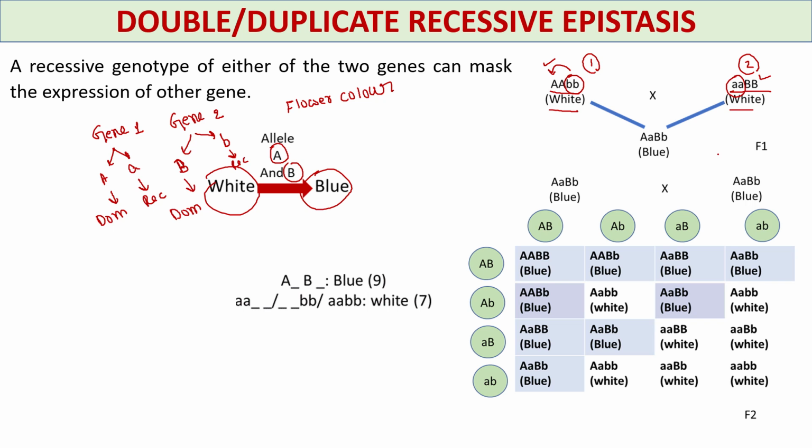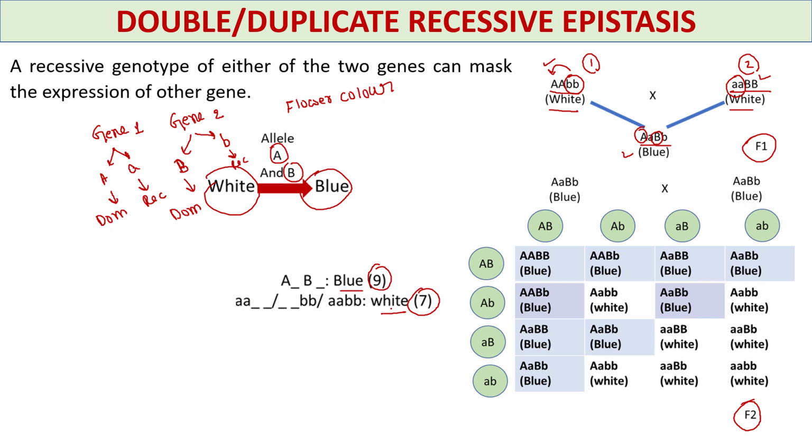When these two parents are crossed, their offspring in the F1 generation will have genotype capital A, capital B, small b. They are blue because both capital A and capital B alleles are present here. If F1 generation offspring are self-crossed, there will be an interesting outcome in the F2 generation. 9 flowers are blue and 7 flowers are white.